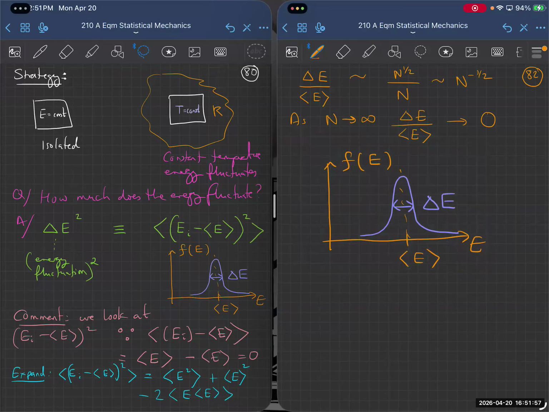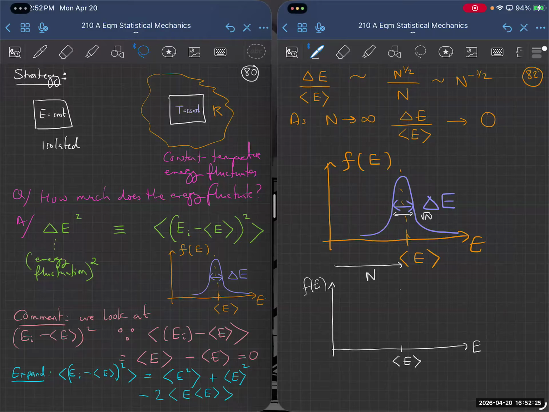What I've now shown you is that the mean scales like N, the width scales like the square root of N, and so as N goes to infinity this distribution is essentially a delta function at the average energy.